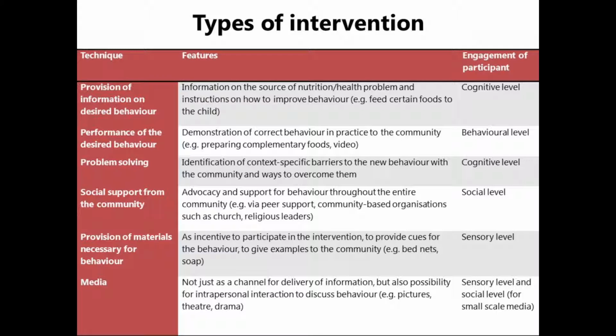Another example that the behaviour change models point to for the element of facts and cognitive level information would be in, let's say, problem solving. There might be a particular barrier to a new behaviour within the community and the way to overcome it. There might be a limitation if, say, we follow through with diversity of foodstuffs for children.